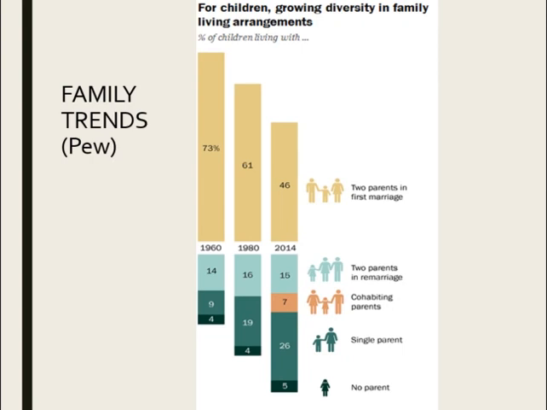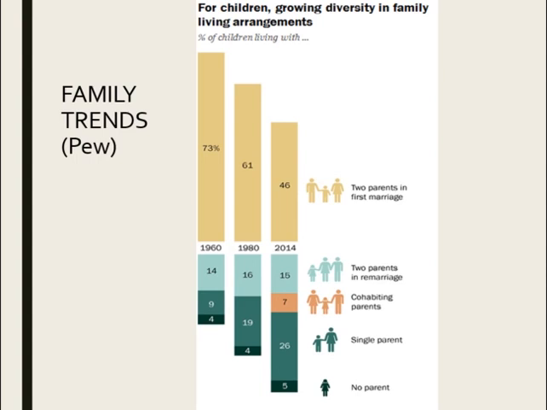So you can see that trends in the composition of family have really changed over time. In the 1960s, you have 73% of families made up of 2 parents who were in their first marriage, and by 2014 that number has decreased to 46%.